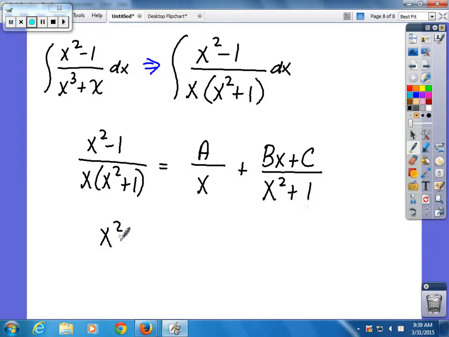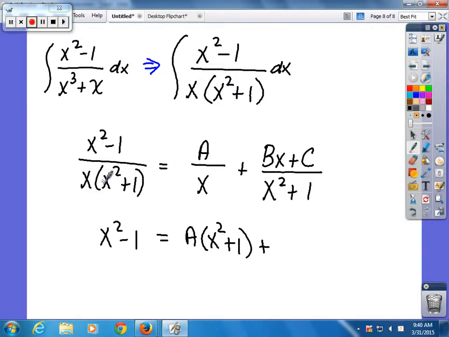x squared minus 1. What's missing here that's over here? Well, x squared plus 1 times a. And what's missing here?